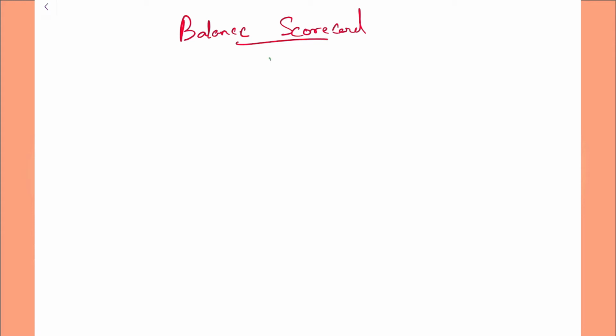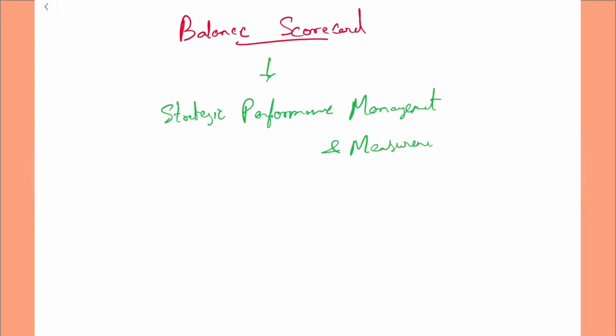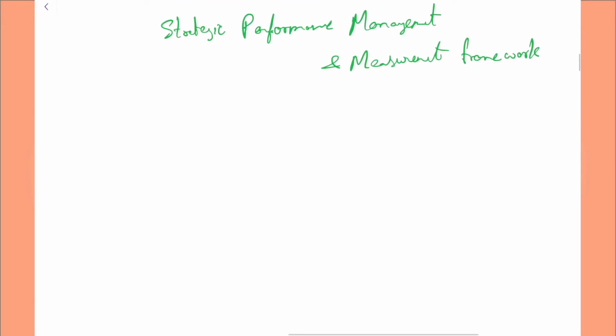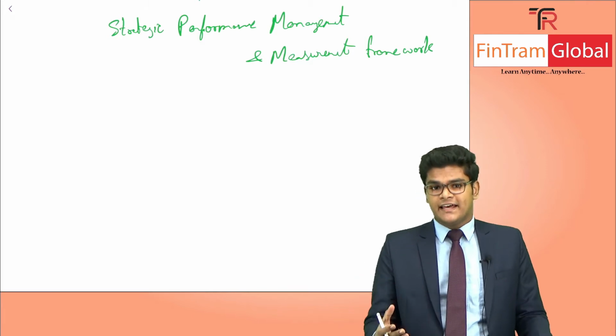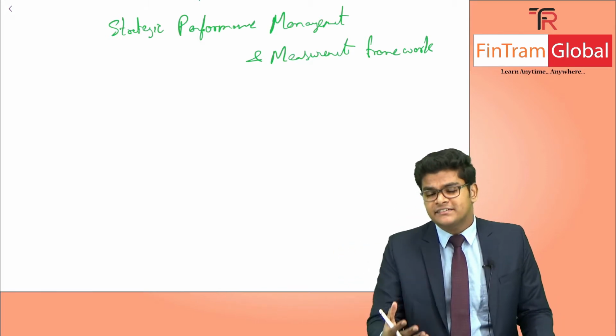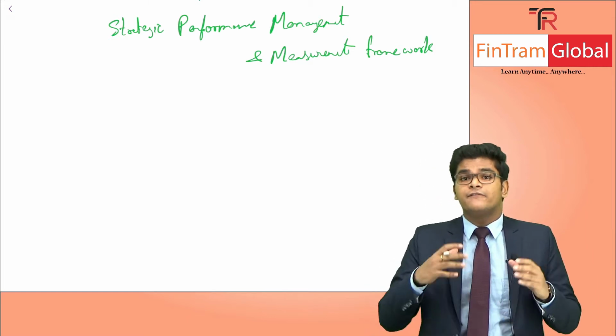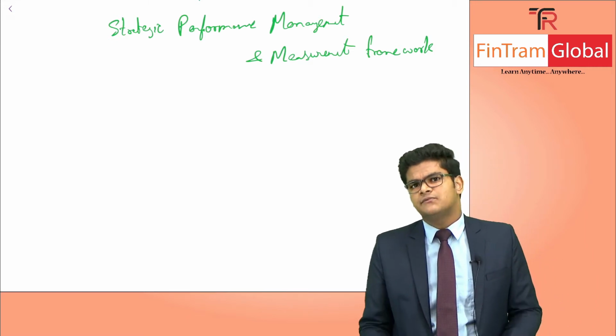This is basically a strategic performance management and measurement framework, isn't it? And we basically look at all the financial as well as non-financial aspects, internal as well as external aspects, and primarily we look at 4 perspectives. And what were those 4 perspectives?